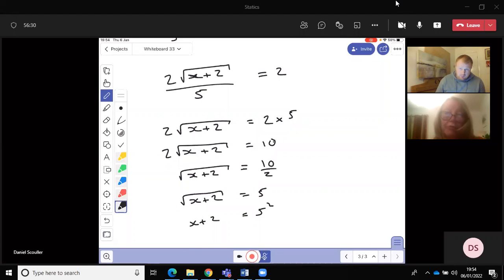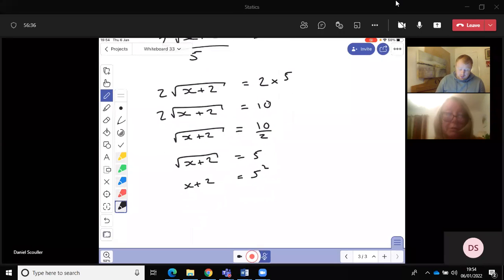Don't you remove the root now? Yep, I'm moving the root now. Right, okay. So you did it too early then.